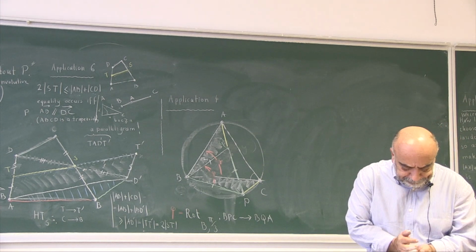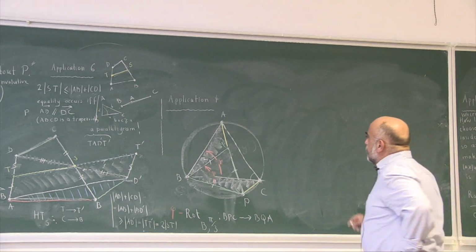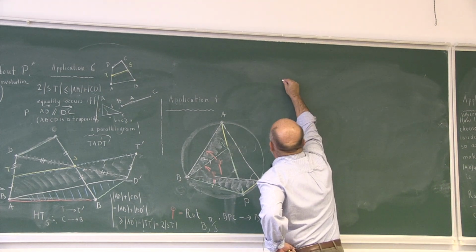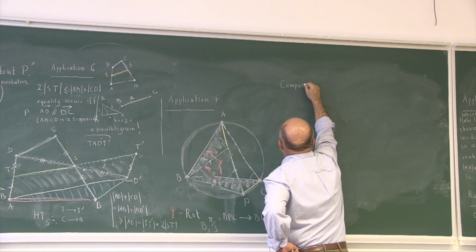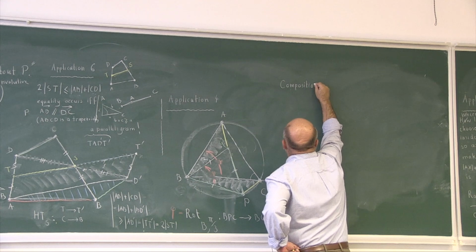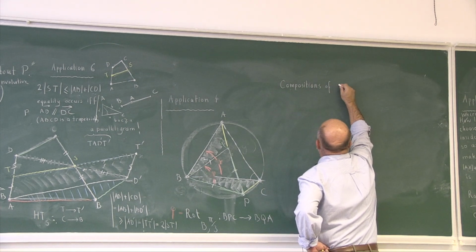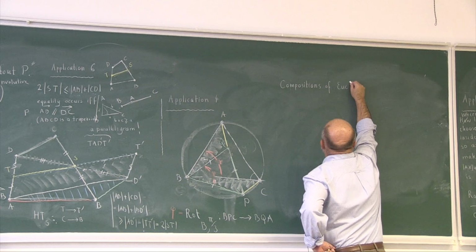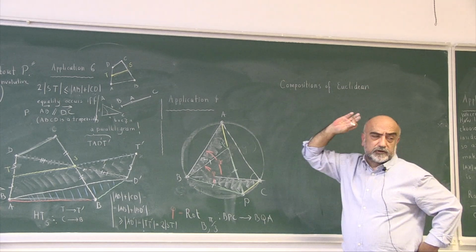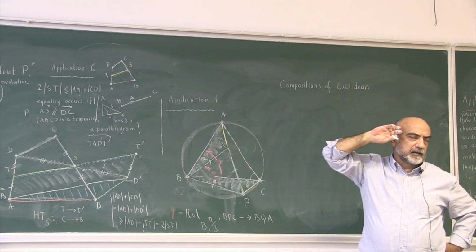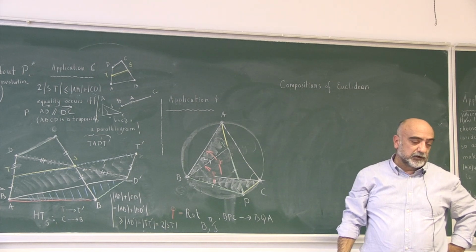Now, I would like to ask the following question. What happens if you take compositions of Euclidean transformations? Once again, I refuse to make an exhaustive study of the thing.